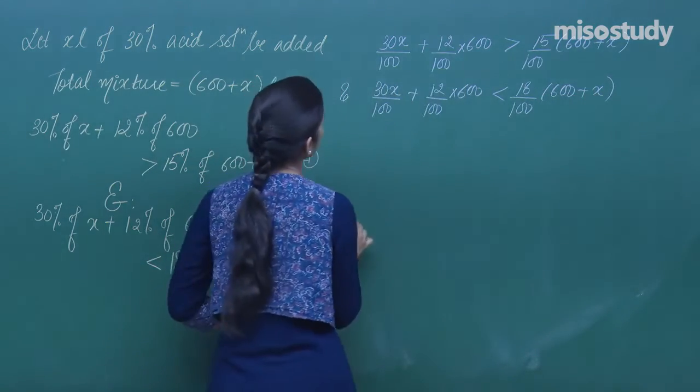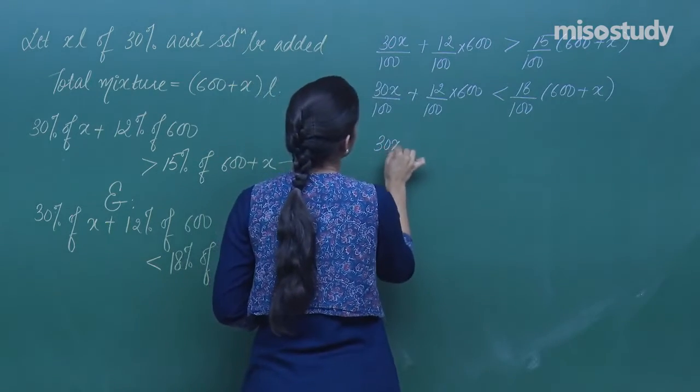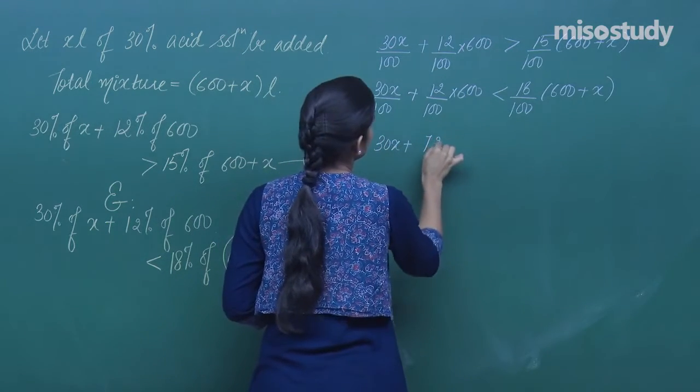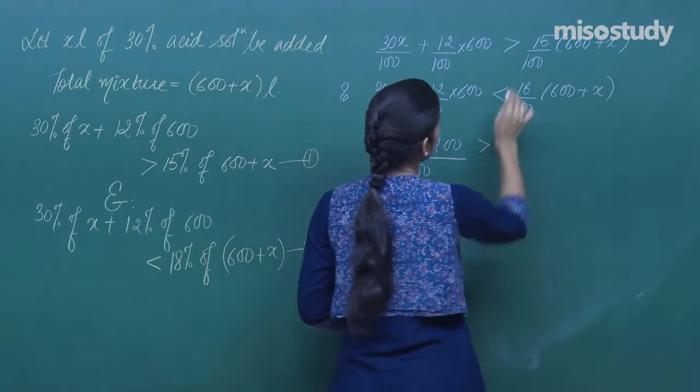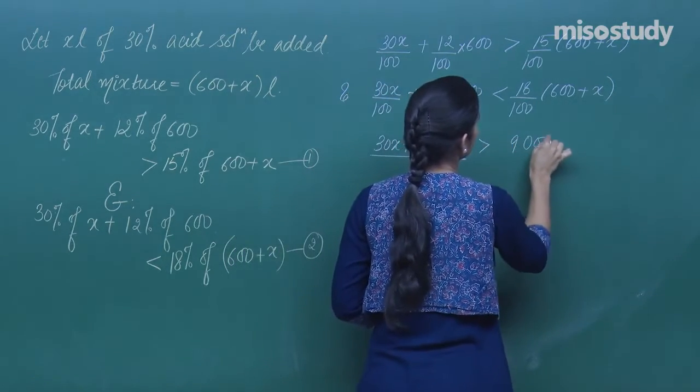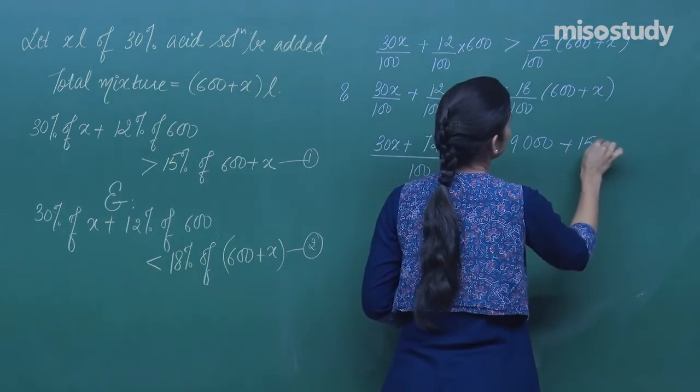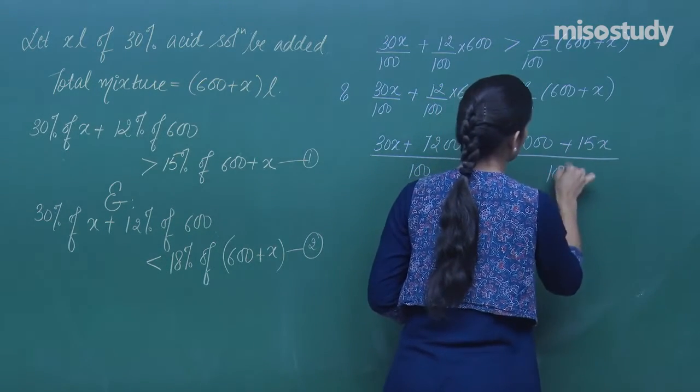Sort it out. (30x plus 7200) whole upon 100 is greater than (9000 plus 15x) whole upon 100.